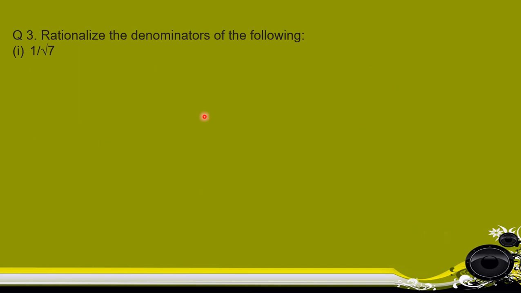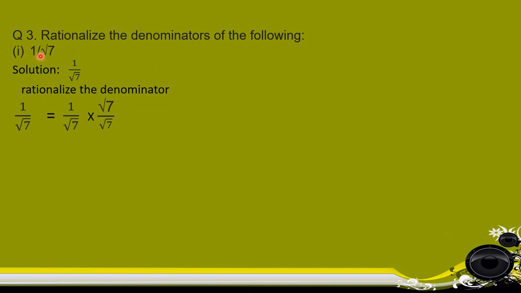Now 1 upon under root 7, here the denominator is in terms of which type of number? Correct, irrational number. Here the denominator is in the square root, so the quantity which is in the denominator, we have to multiply and divide by it.